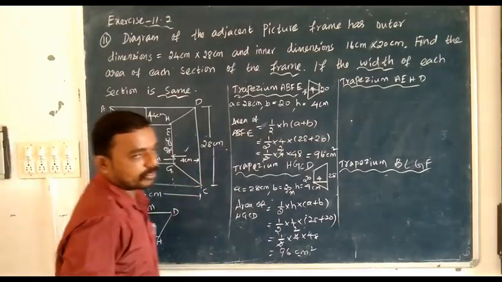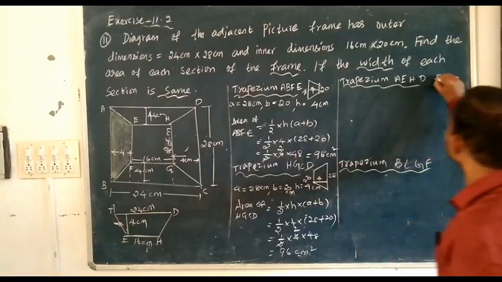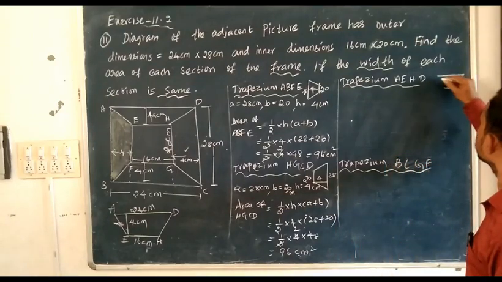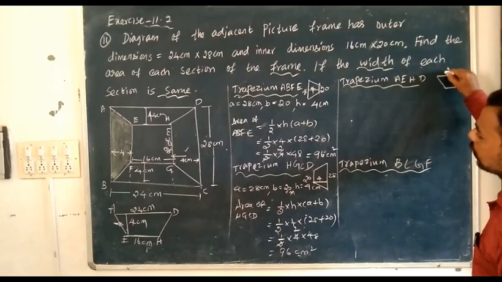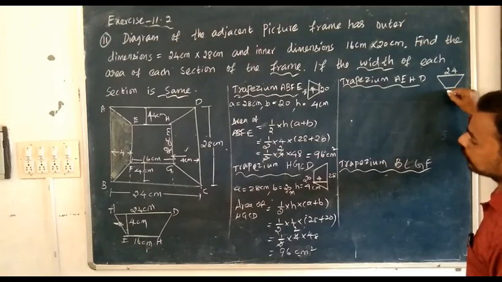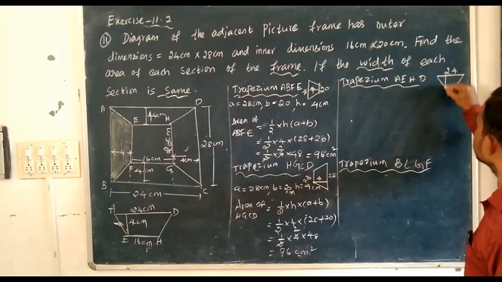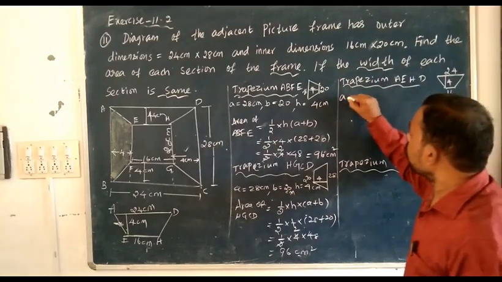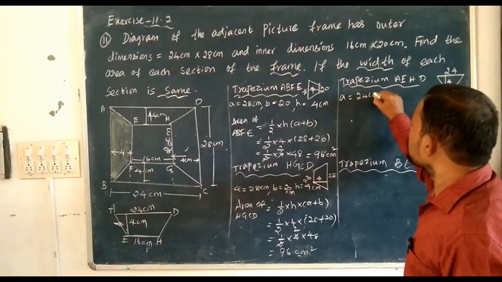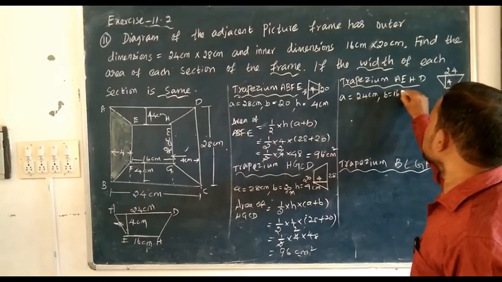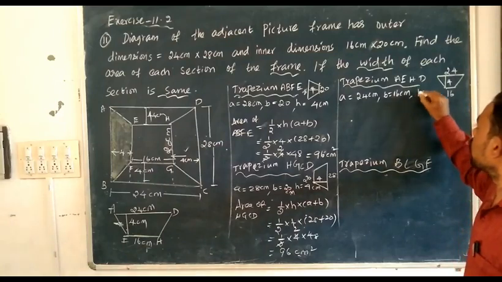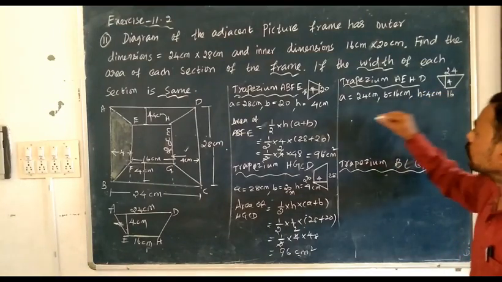So A is equal to 24 centimeter, B is equal to 16 centimeter, and h is equal to 4 centimeter.